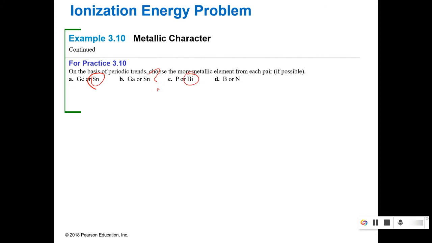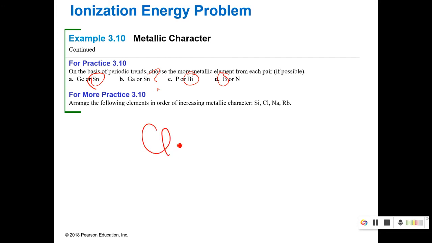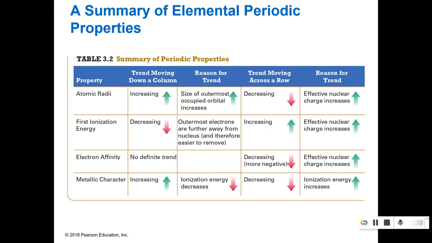Phosphorus and bismuth. And then boron and nitrogen. Okay, increasing metallic character, so the one closest to francium is going to be last. So it's chlorine is the smallest, and then silicon, and then sodium, and rubidium. Rubidium will be the largest.